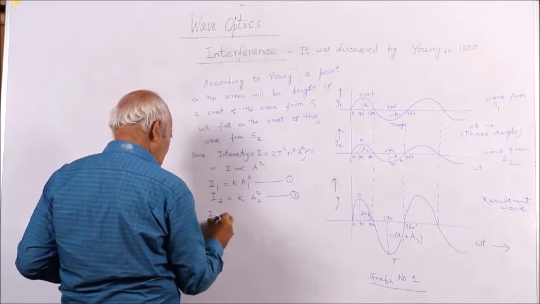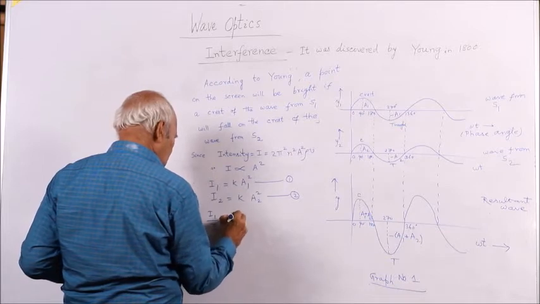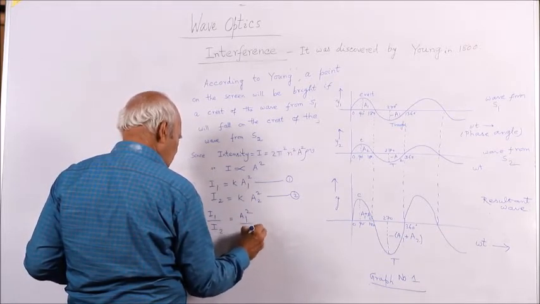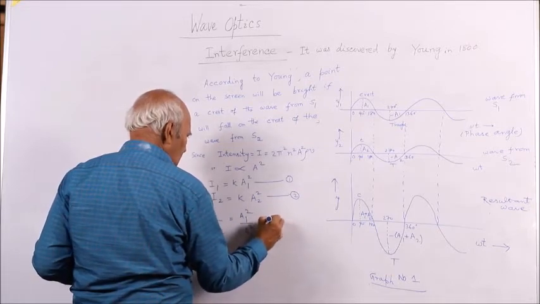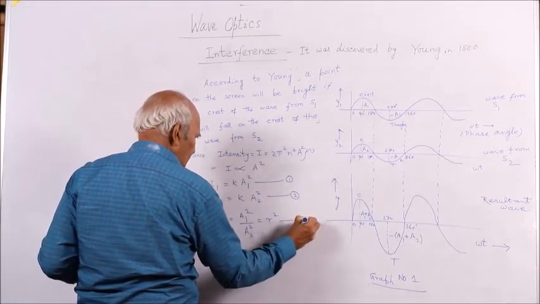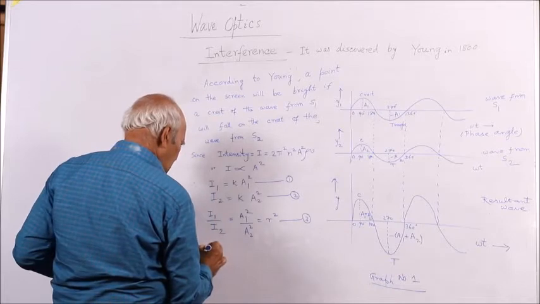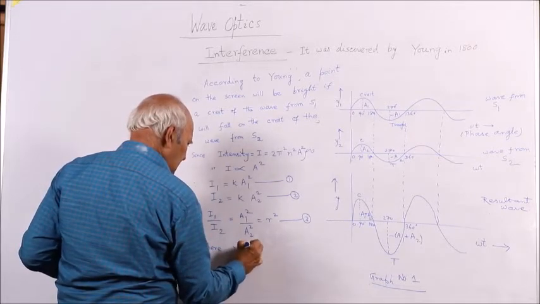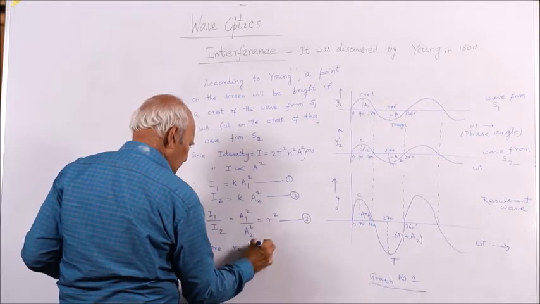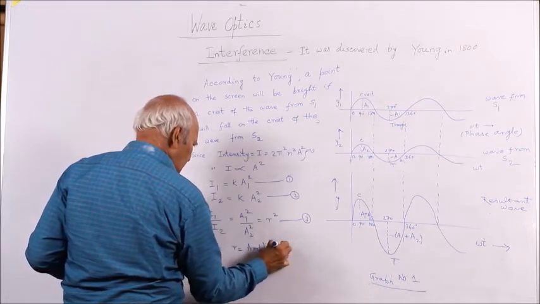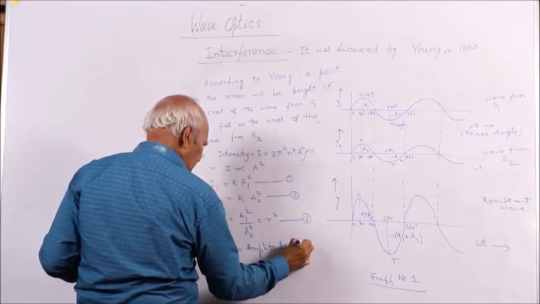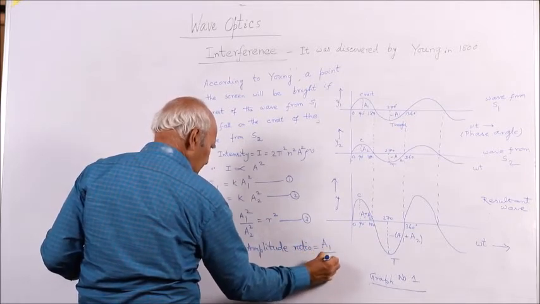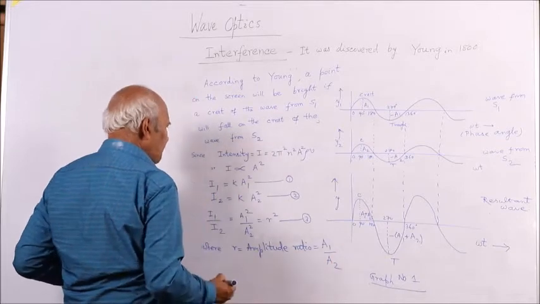So, I1 by I2 is A1 square by A2 square is equal to R square, where R we say is the amplitude ratio, R is equal to A1 by A2.